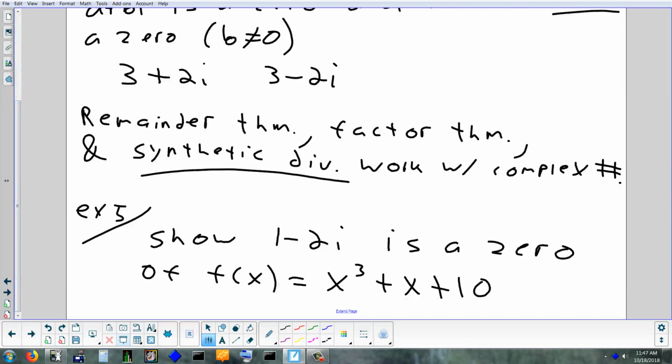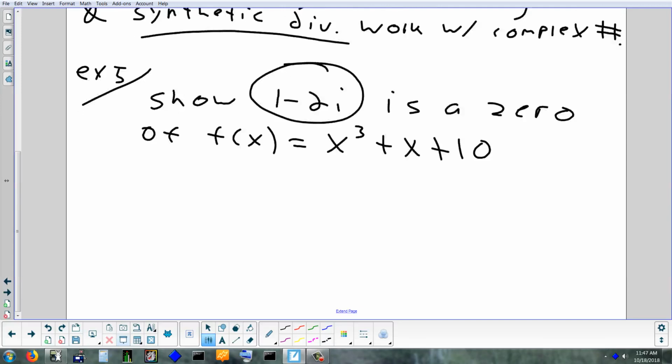So, it says to show that this is a root. Now, what does that mean? If something's a root, and, bless you, I divide it in, what's my remainder going to be? 0. So that's what should happen here. Let's see. So put your root on the outside.